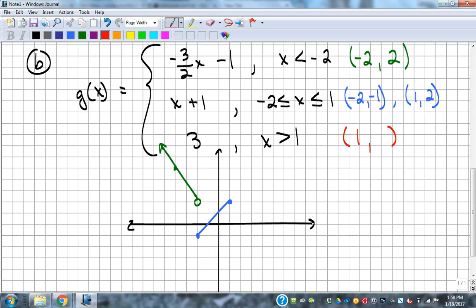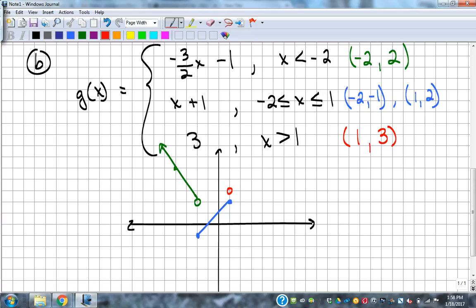That's where that's coming from. So we got y equals 3 for any x value greater than 1. So the important point is at 1, 3. Is that open or filled in? Open, because there's no equal to mark. So 1, 3, open circle.